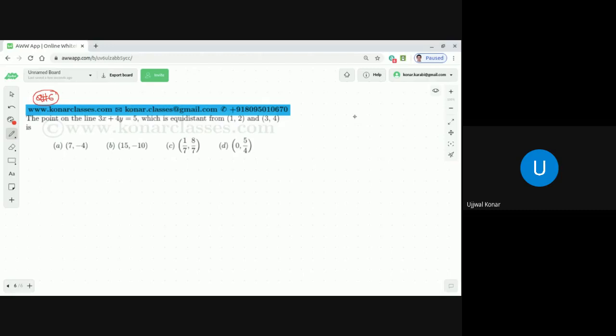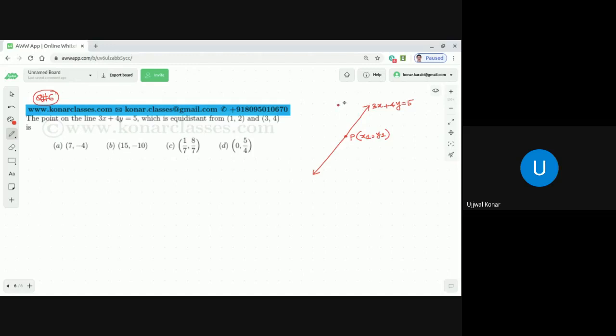Now, suppose this is a straight line, and this is the equation of this straight line: 3x plus 4y is equal to 5. A point on this line, suppose there is a point P with coordinates (x1, y1), and it is equidistant from both points.